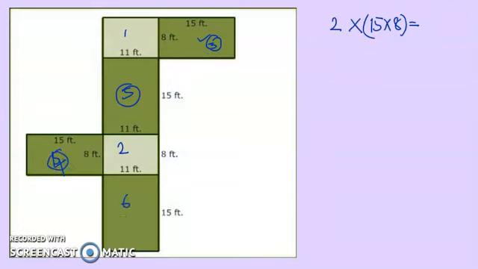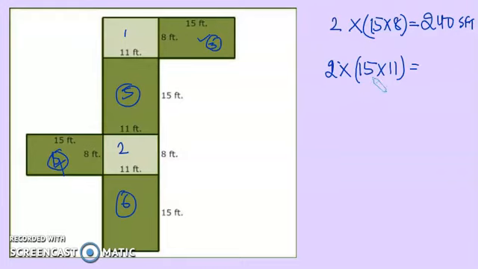And for number 5 and number 6, we have 2 times 15 times 11, because here the dimensions are 15 feet and 11 feet. So we will finally find the areas and then add them together to get the lateral surface area. 15 times 8 is 120, times 2 is 240 square feet.